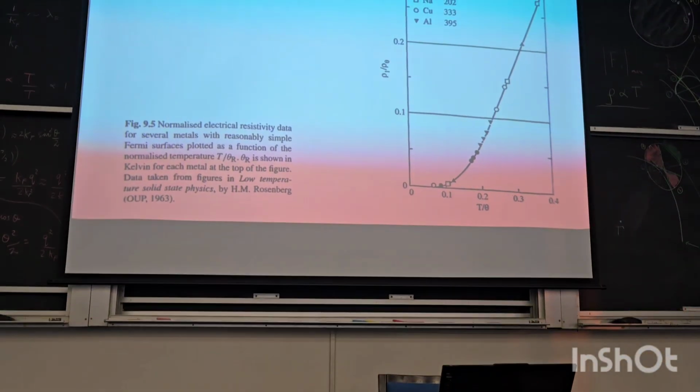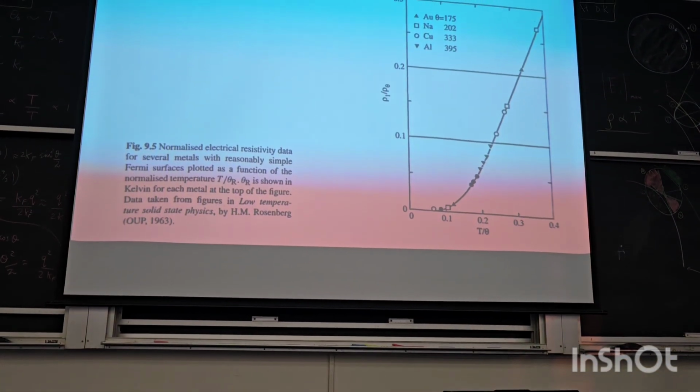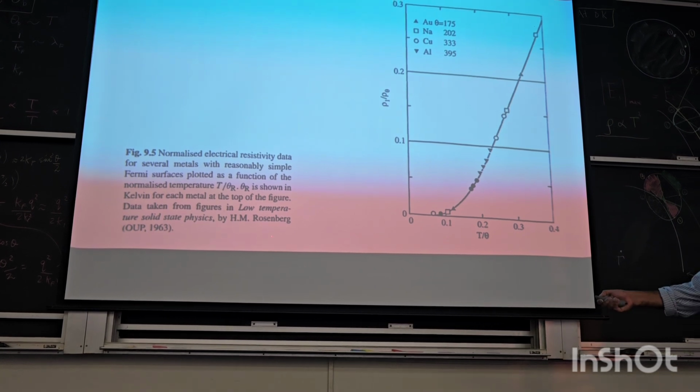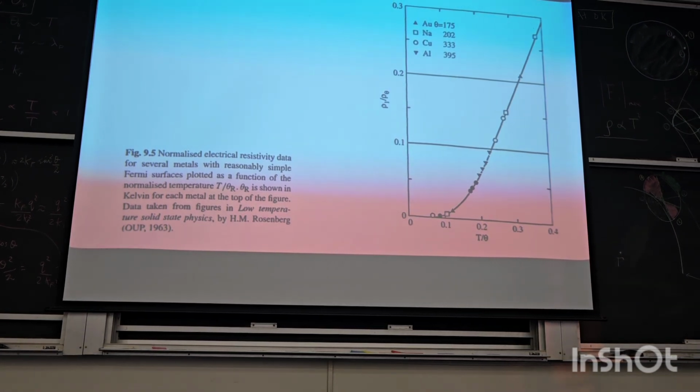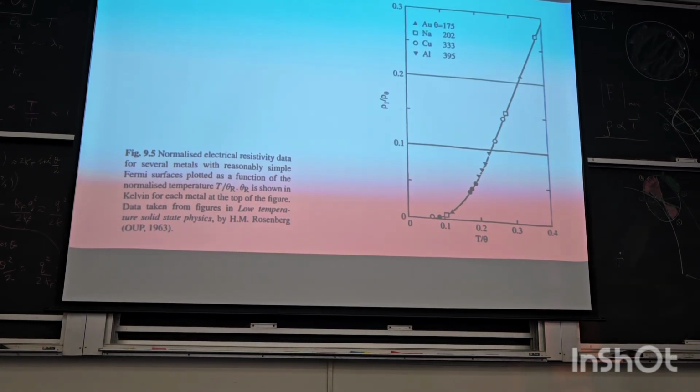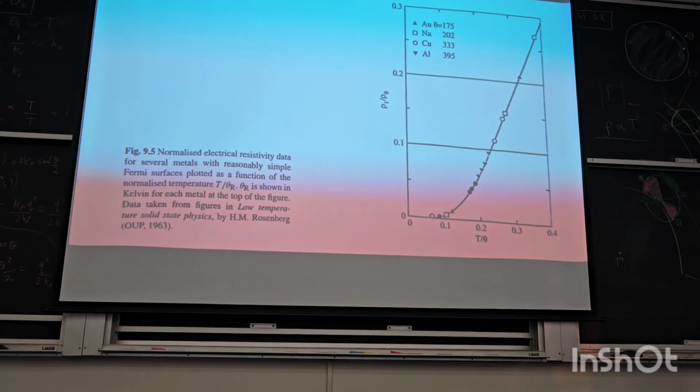And then you look at this very interesting graph. It's taken from this book. In this graph, what the authors have done is taken 4 metals, gold, sodium, copper and aluminum, and these are the Debye temperatures for these solids.